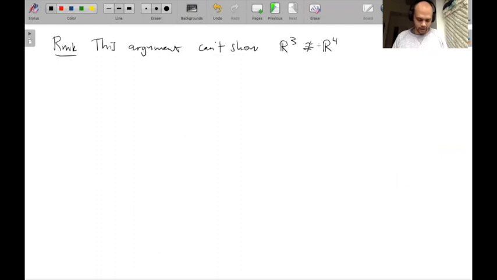So that's a little disappointing. Typically the tool for showing this is homology, which I think we won't discuss in this course. All right. A couple more corollaries.